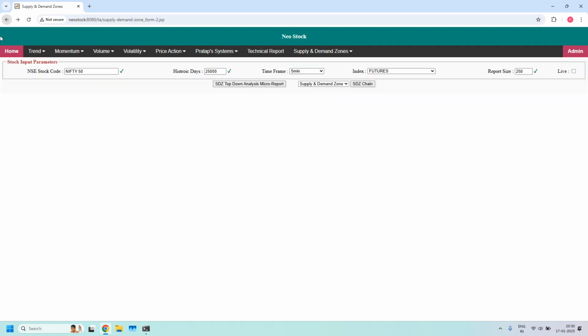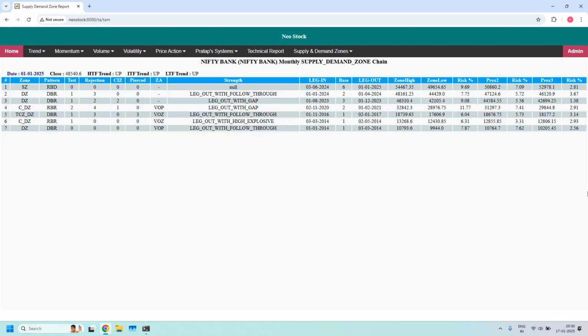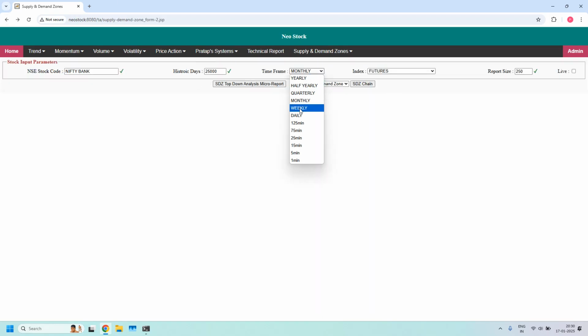Next, Bank Nifty, that is nothing but Nifty Bank, generating monthly supply demand zone chain for Bank Nifty. Next, weekly supply demand zone chain for Bank Nifty.